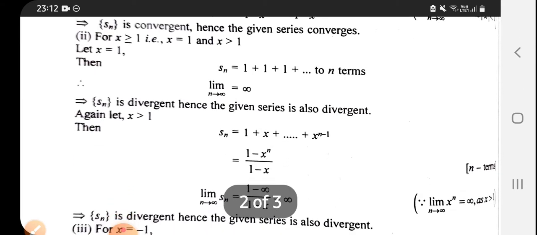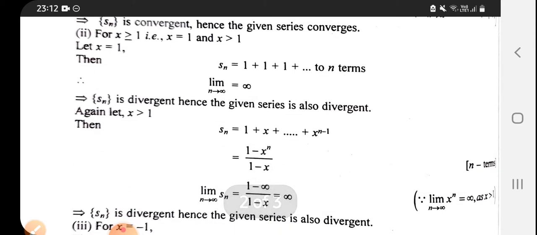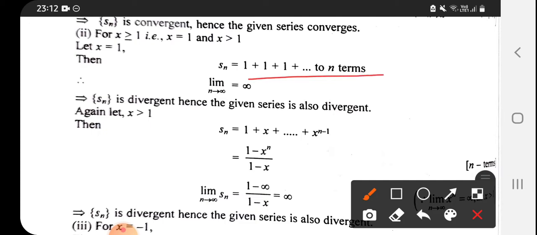Now for x greater than or equal to 1, if x is 1 or greater than 1, then the sum becomes 1 plus 1 up to infinity, so the series is divergent.